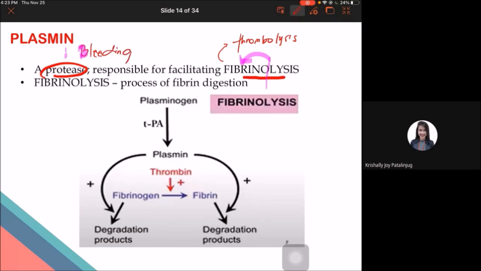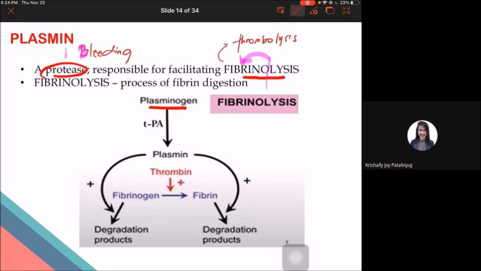So how does it happen? Okay, how does it happen? Usually, ang plasmin, it comes from a zymogen. O, kapag zymogen, active or inactive? Inactive, ma'am. Okay, very good. So, inactive, zymogen. And that zymogen na pinanggagalingan ni plasmin is what we call the plasminogen. Okay, so galing si plasmin sa inactive precursor niya na plasminogen.